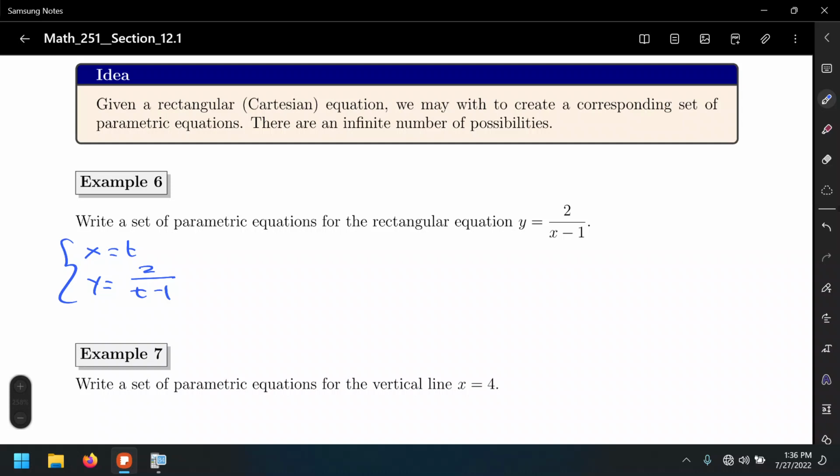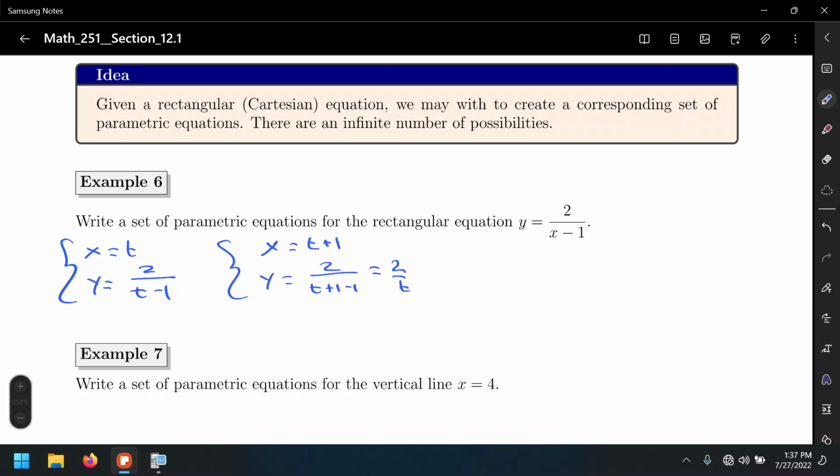For example, what about x equals t plus 1? You can set x equals t plus 1 if you want, that's fine. Y equals 2 over t plus 1 minus 1, which is ultimately 2 over t. And that's your set of parametric equations.